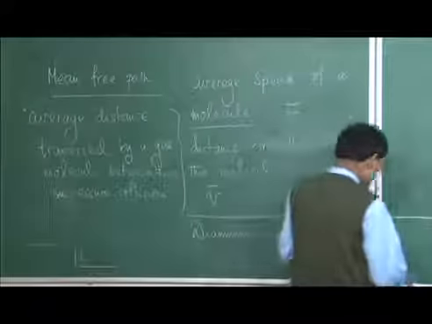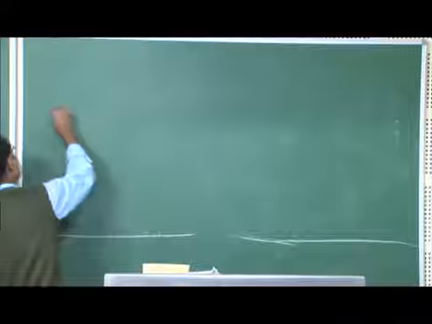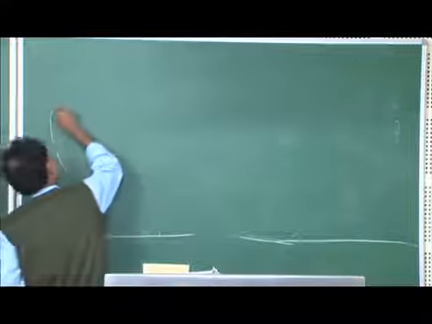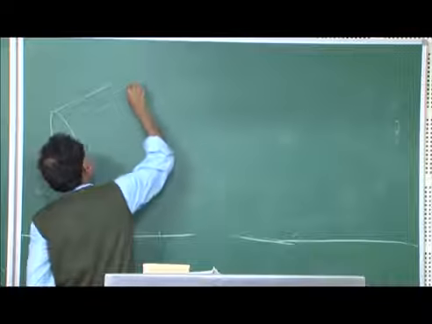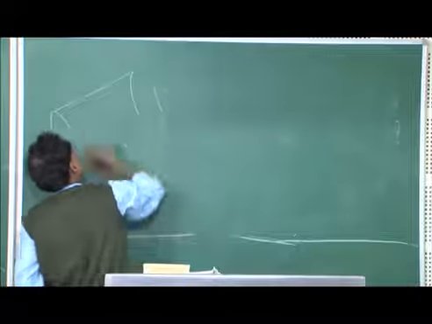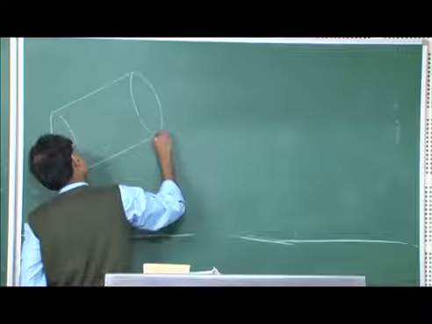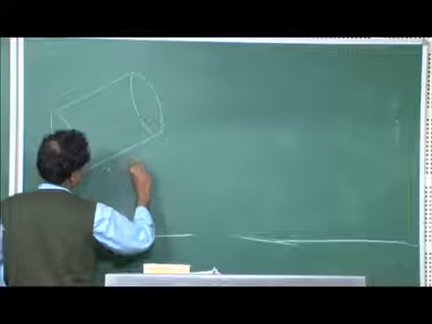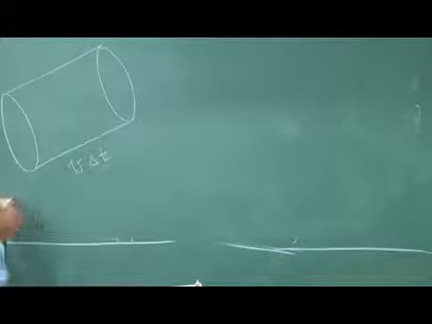So, let us draw a cylinder. This is V bar delta t, that is the average distance traversed by the molecule over a time delta t.